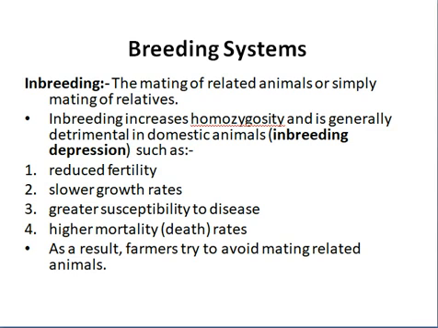It results in reduced fertility, slower growth rates, more chances of getting sick, and higher mortality, more deaths will occur. Therefore, farmers try to avoid mating very related animals. We cannot avoid inbreeding, but we can always minimize its effects.